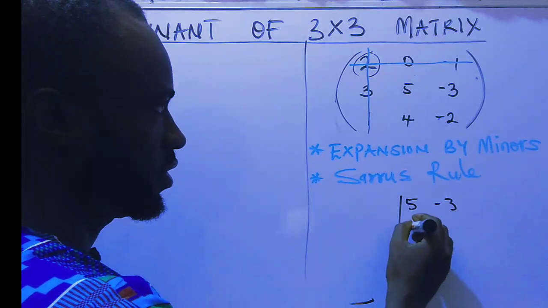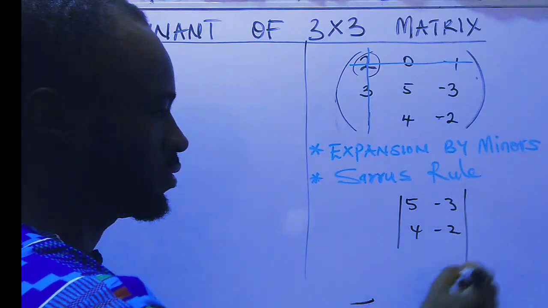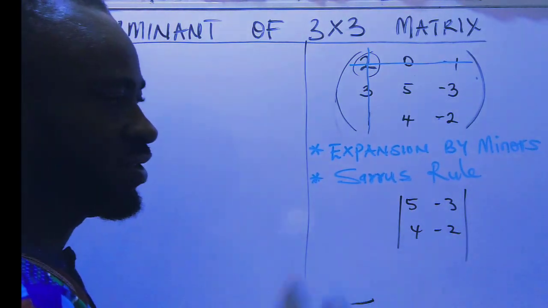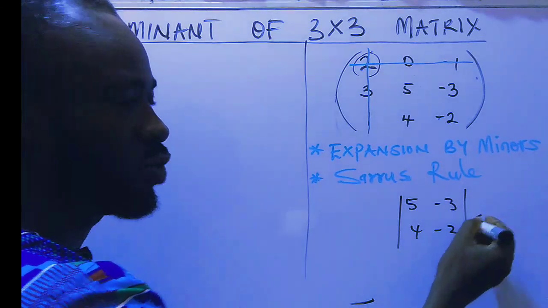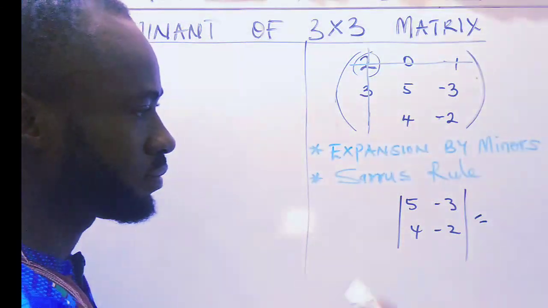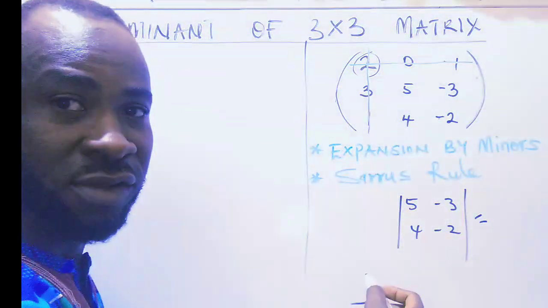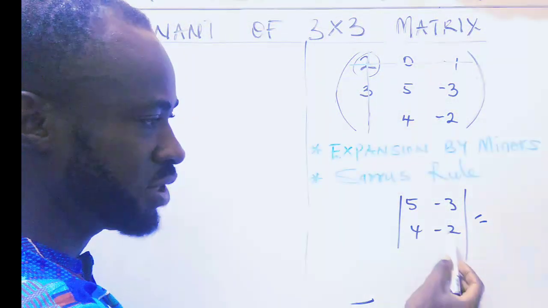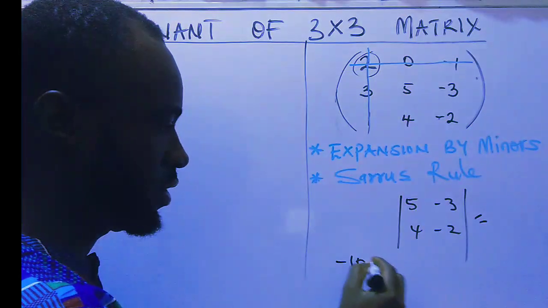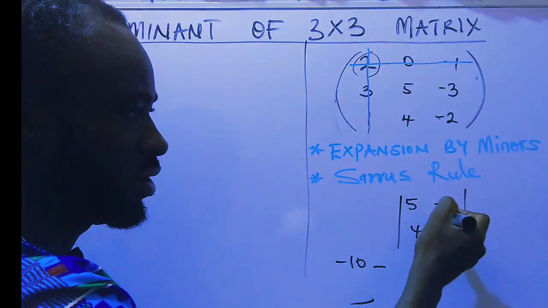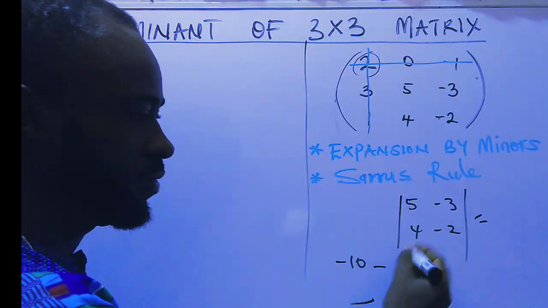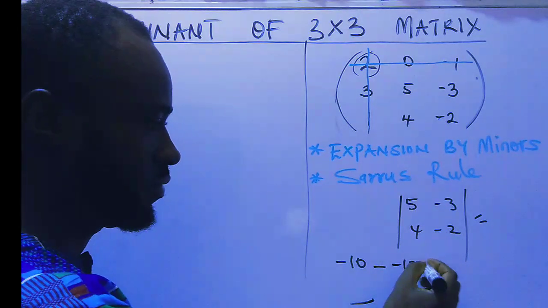5, minus 3, 4, minus 2. We already know how to find the determinant: major diagonal minus minor diagonal. So 5 times minus 2 is minus 10, minus 3 times 4 is minus 12.